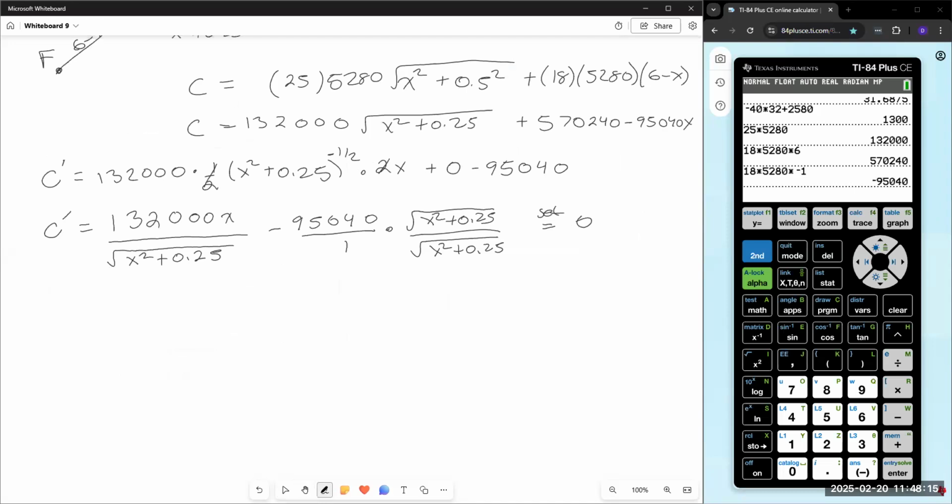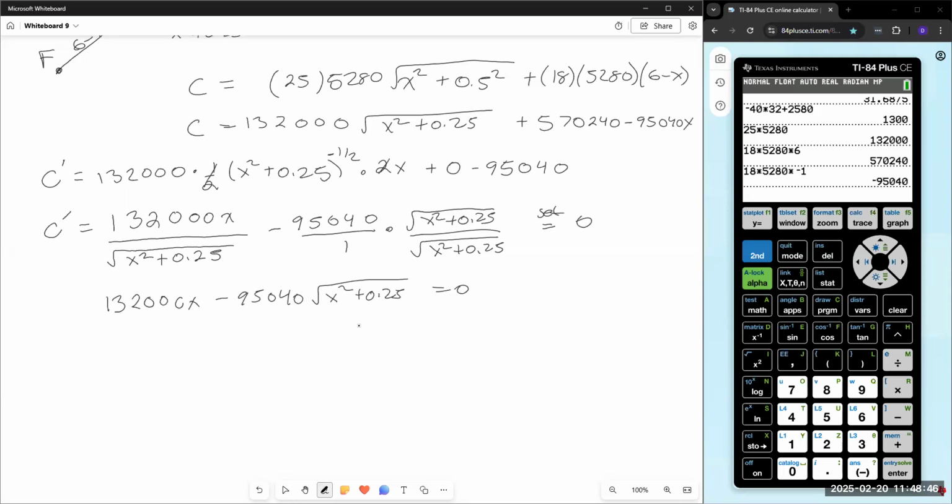Actually, just need the numerators now. So 132,000x minus 95040 square root of x squared plus 1/4 needs to be equal to 0.